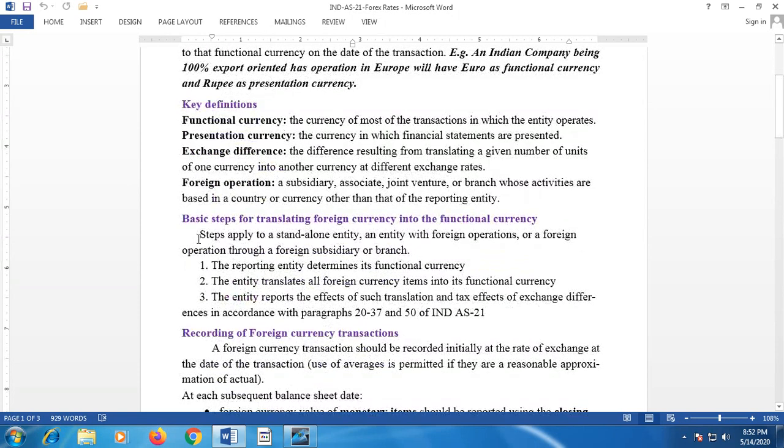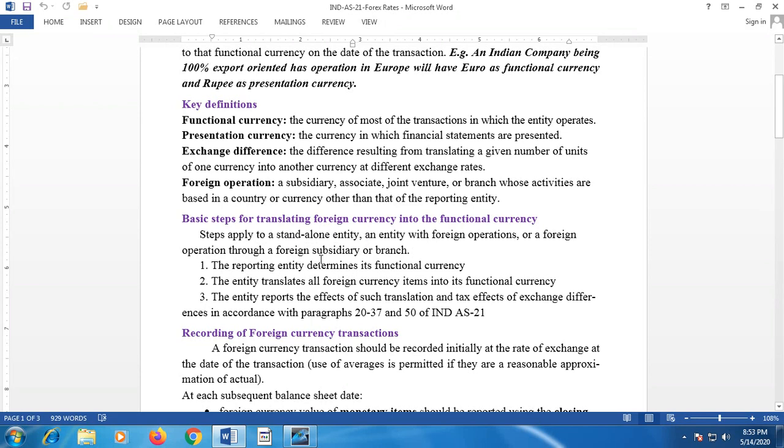Then, the basic steps for translating foreign currency into functional currency. When foreign transactions take place, they have to be recorded in the functional currency because most of the transactions take place in that currency. These steps apply to a standalone entity, an entity with foreign operations, or a foreign operation through a foreign subsidiary or branch.